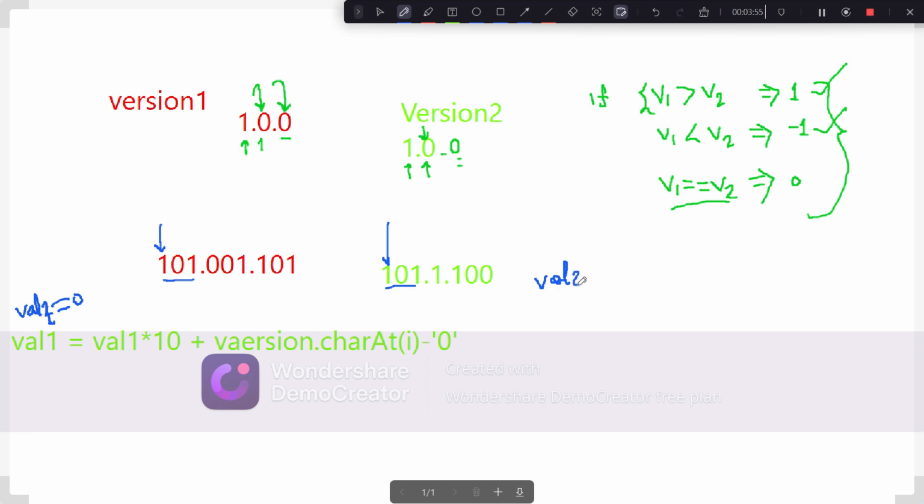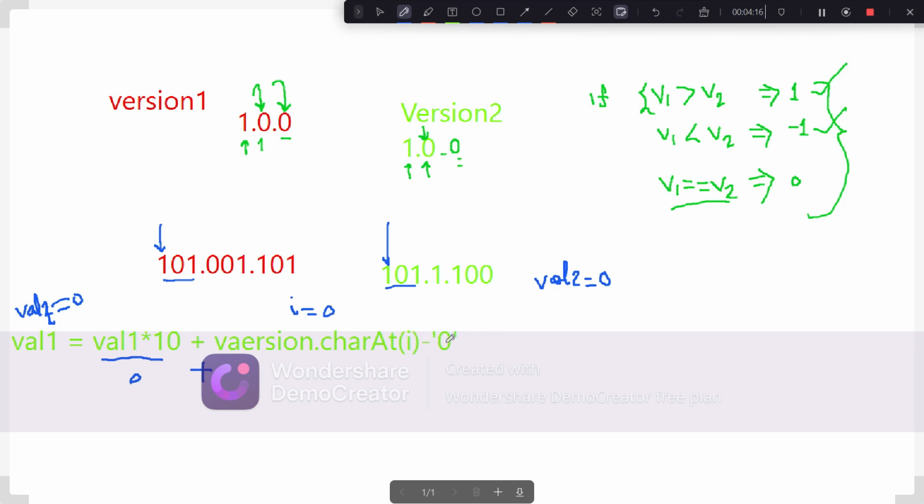In this formula, if I am starting from here, it is 1. val1 is initially 0, so this part will give me 0, right? And here version1.charAt(i), where i is 0 as we are starting with 0. charAt(0) is 1.